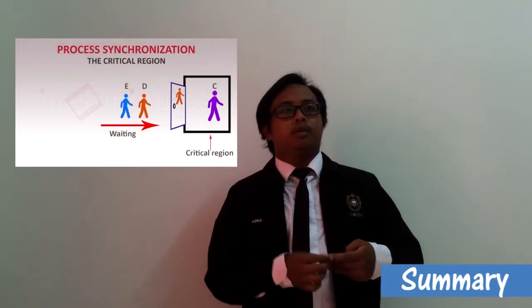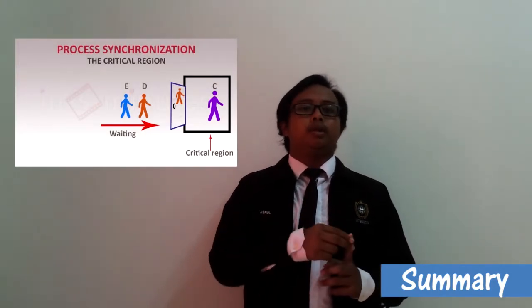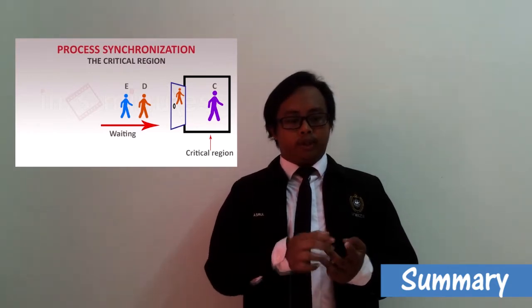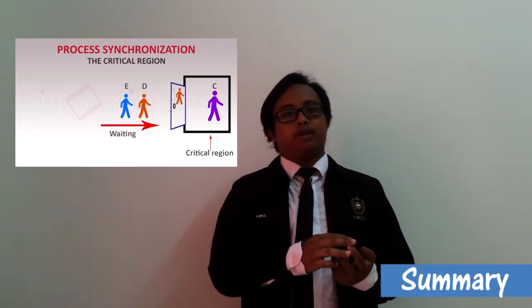In the waiting room there are 3 persons, which are C, D and E. Let's say one of the 3 persons, maybe C, is going to enter the critical region. So D and E must wait for C to complete the process.